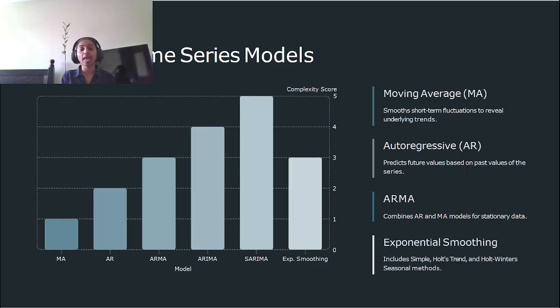So we can use the ARMA model only for stationary data. When it comes to non-stationary data, we have to remove the trends and seasonality when processing. We can do that by differencing. So in ARIMA, we are able to handle non-stationary data also. That is the difference between ARIMA and ARMA.